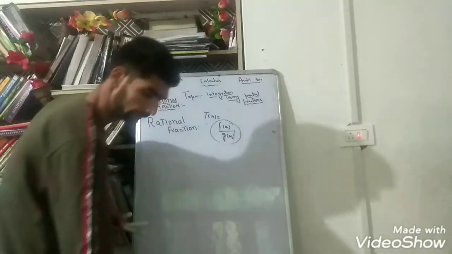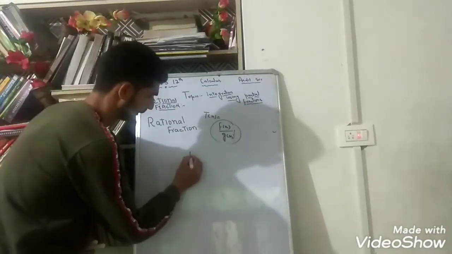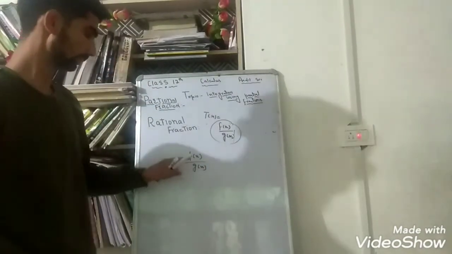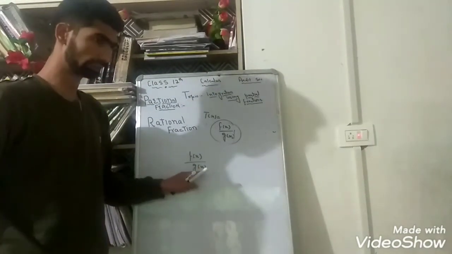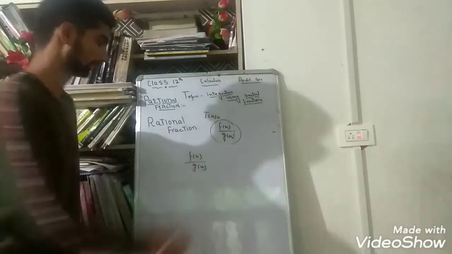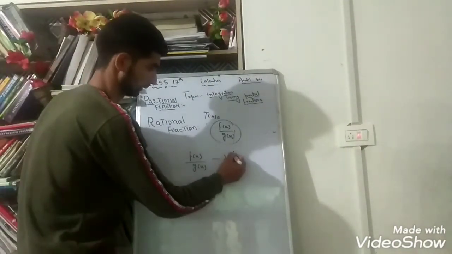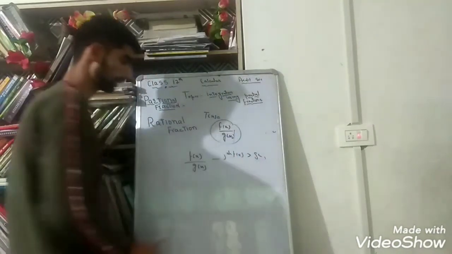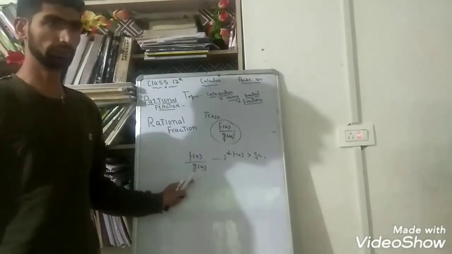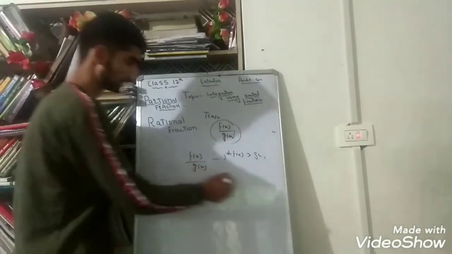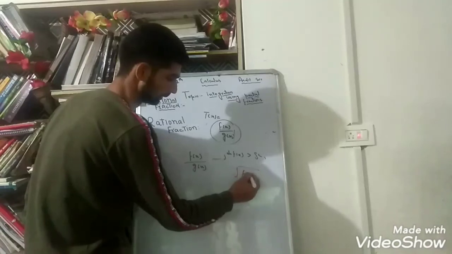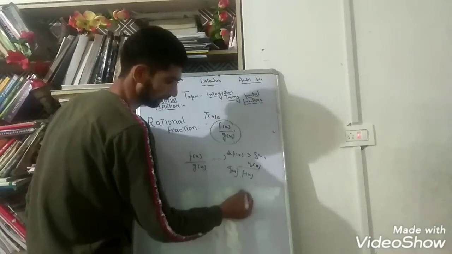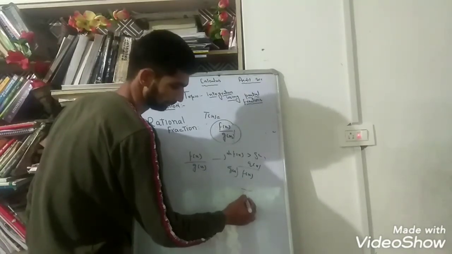Here you check, if we have f(x) divided by g(x) and the degree of f(x) is greater than g(x), at that time we can divide f(x) by g(x), and when we divide we will get some quotient and we will also get a remainder.